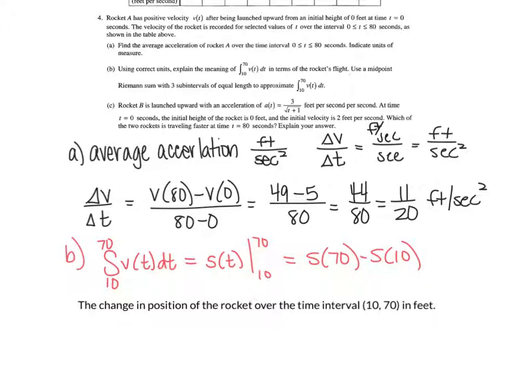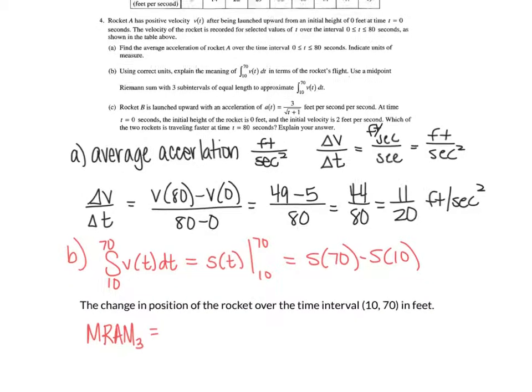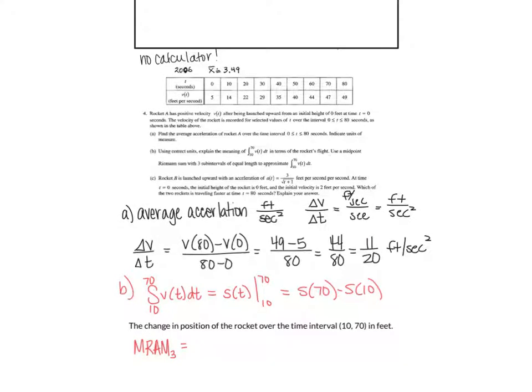So then it said to use a midpoint Riemann sum with 3 subintervals of equal length. So M sub 3. And it's equal subinterval length from 10 to 70. So if we're using midpoint, it's going to be 10 to 30. So that has a subinterval length of 20.